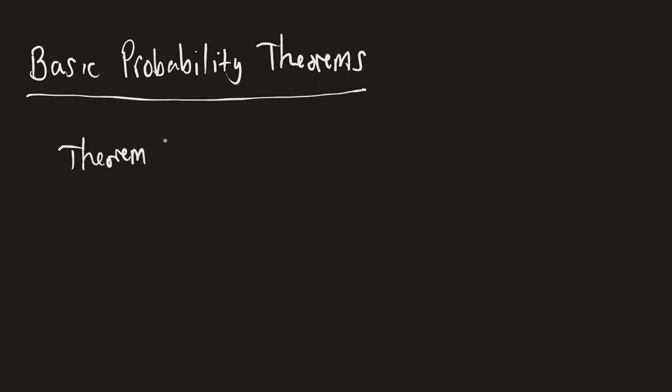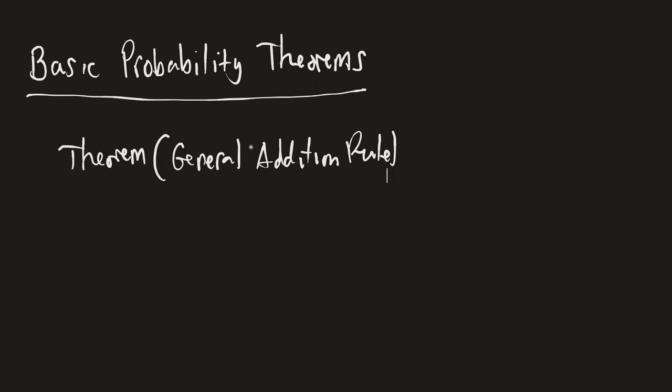So this theorem is called our general addition rule, right? And it basically describes how we find the probability of the union of two events, any two events. So the statement is pretty simple.